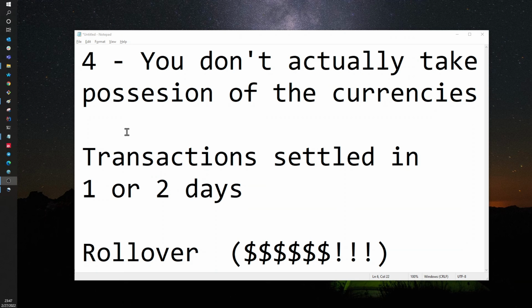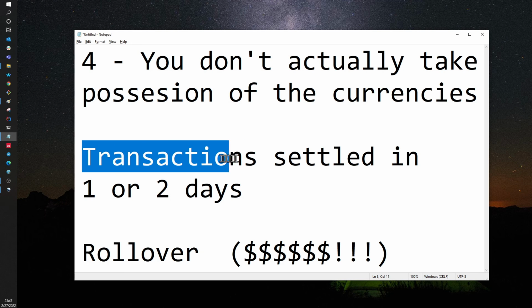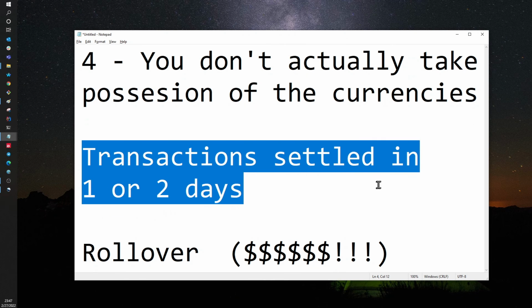So we're not going to be taking possession of the currencies. Coming from the stock world, when you did a buy or sell transaction, the transactions were settled in 1 or 2 days, and your trading account funds reflected all of that.